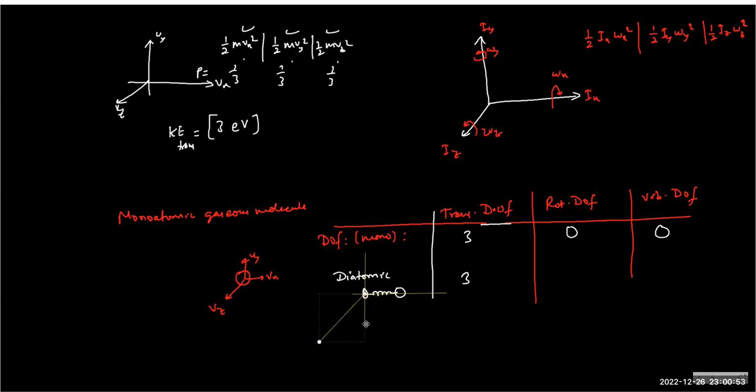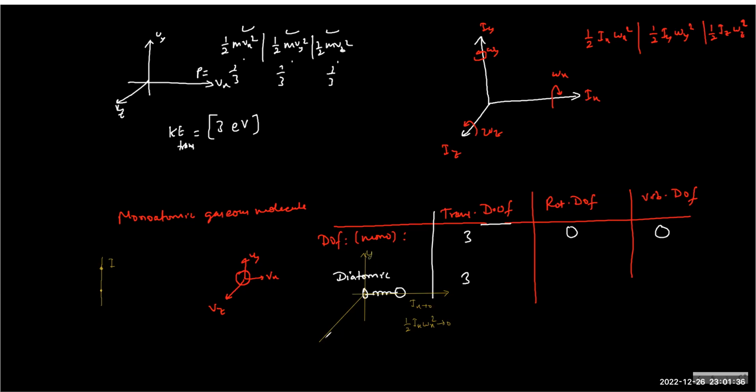Correct. I can always draw a suitable axis, and if I draw one axis along the length of the molecule, then every particle lies on the same axis. So if we have 2 particles on this axis, what is the moment of inertia of these 2 particles about this axis? 0. So can I say Ix is tending to 0? So the contribution coming from this term will also be 0. Correct?